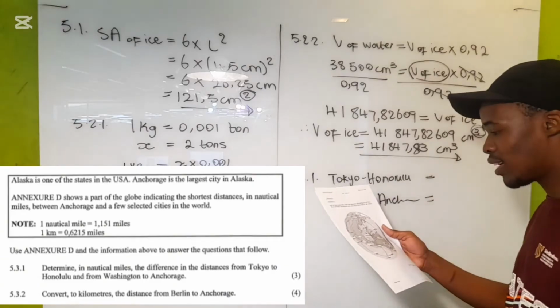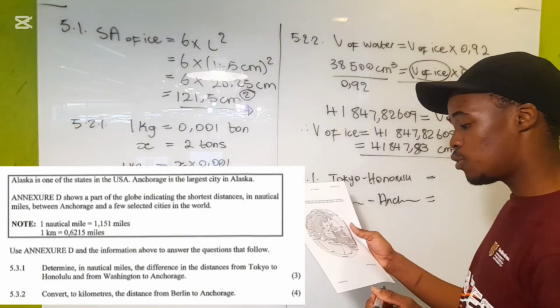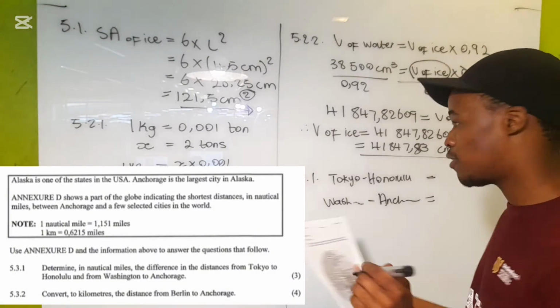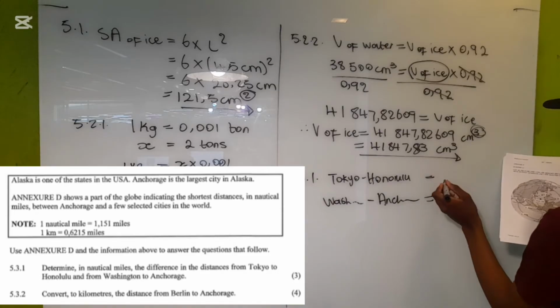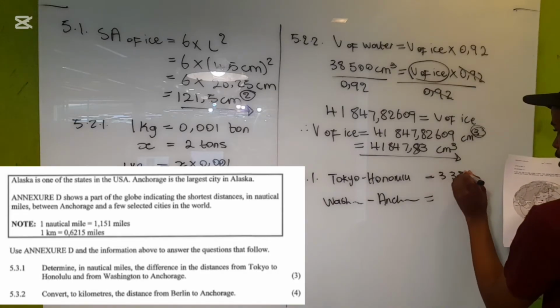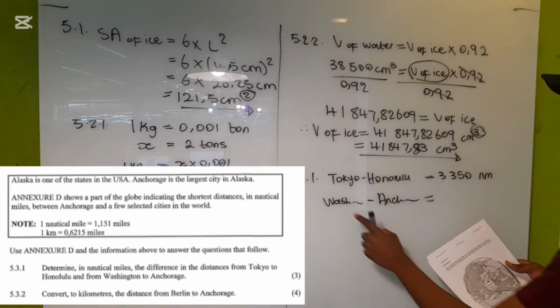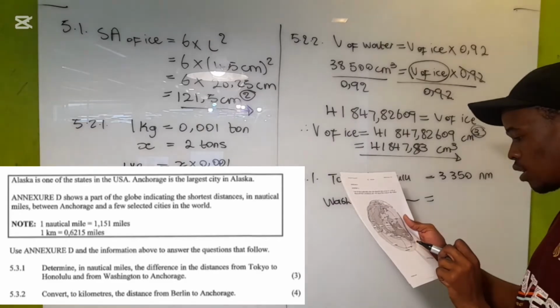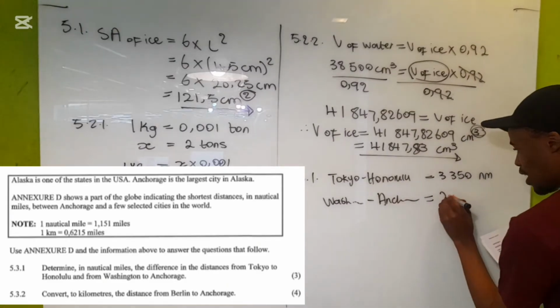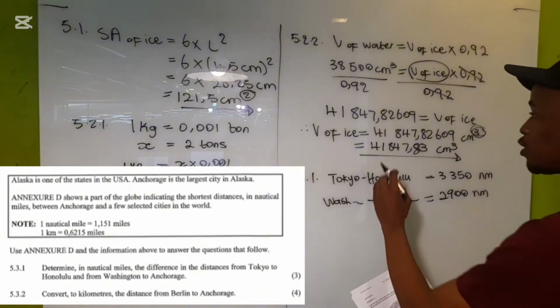When we're looking at the annexure, the distance from Tokyo to Honolulu seems to be 3,350 nautical miles. So we're going to write it here: 3,350 nm for nautical miles. And then the distance from Washington to Anchorage is 2,900 nautical miles.